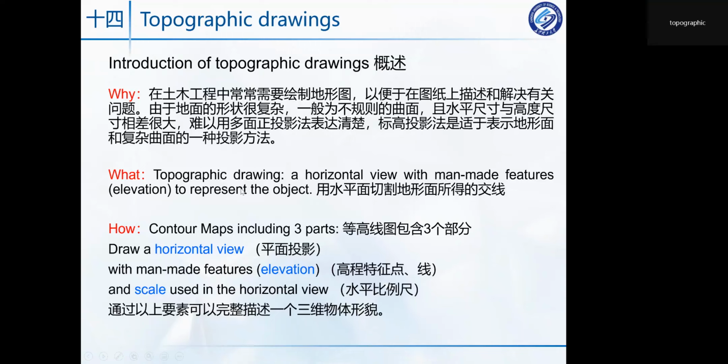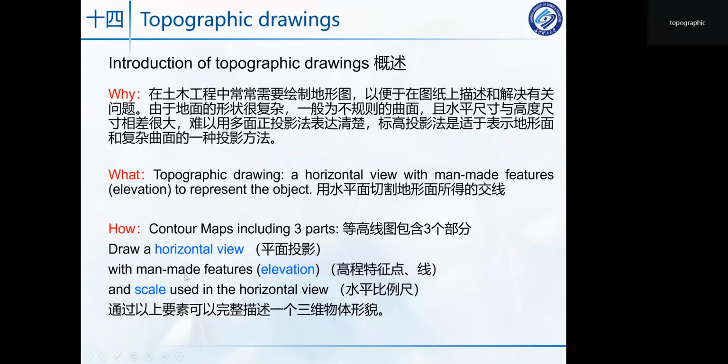Now we can see how to draw the contour maps. The contour maps include three parts. At first is the horizontal view. It means that you are looking at the ground from the top view.